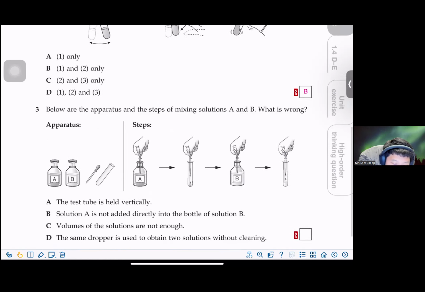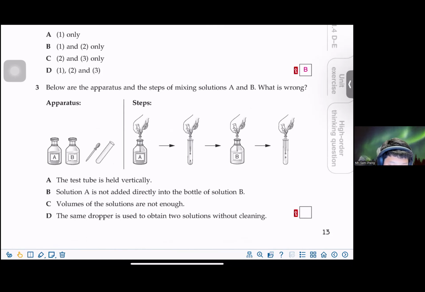Next, here are the apparatus and steps that we will use for the mixing of solutions A and B. But remember that whenever we transfer different solutions, we need to use different droppers. If we do not have different droppers, or we only have one dropper, then we need to clean the dropper.